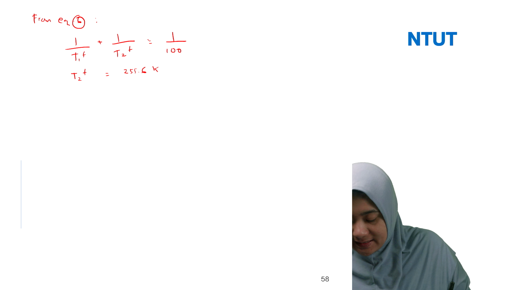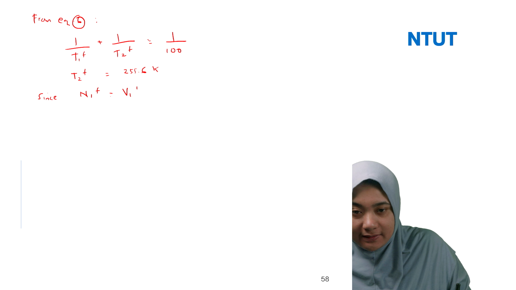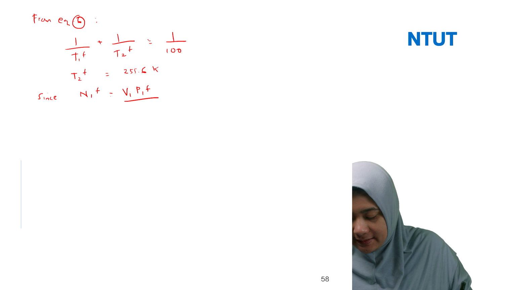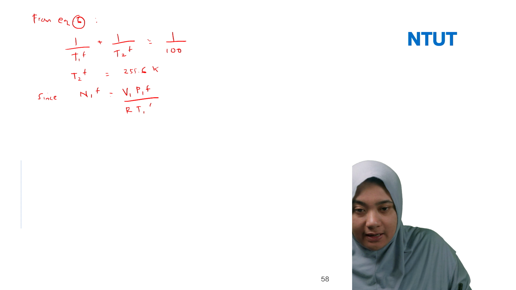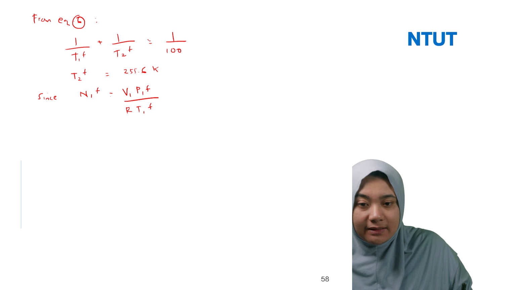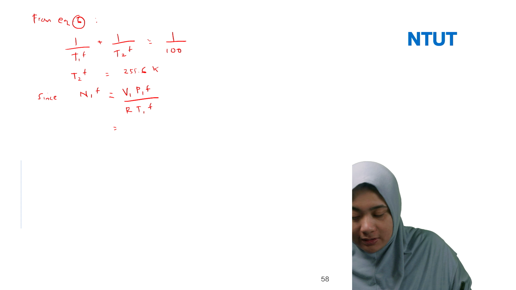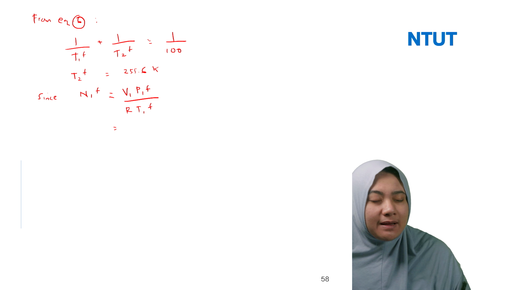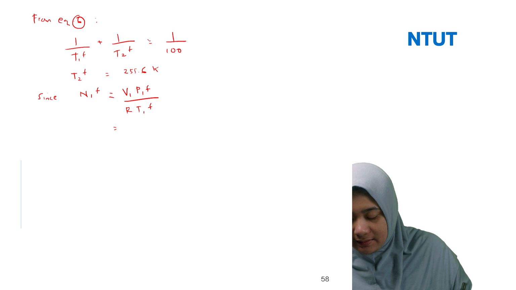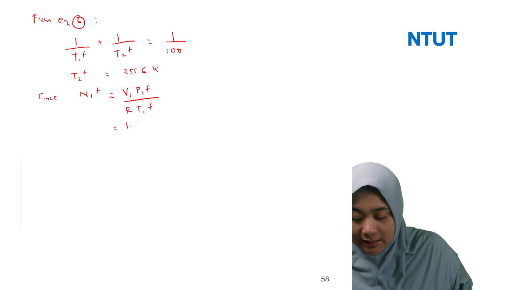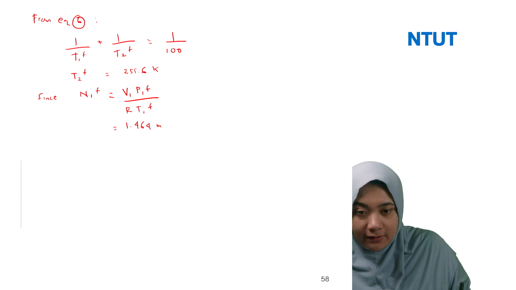So since the N1 is still not finished yet, we have V1 P1F divided by RT1F. So here you can get the N1F, it means the number of moles after the equalization. So you have 64 mole.